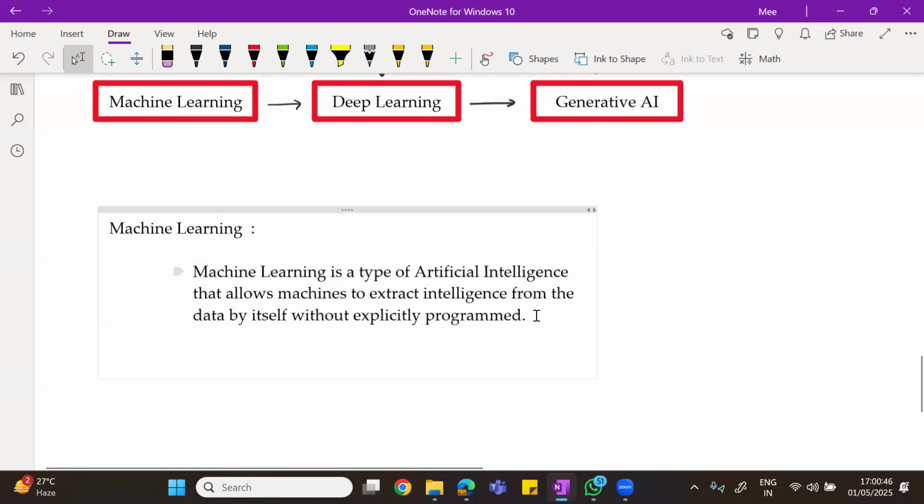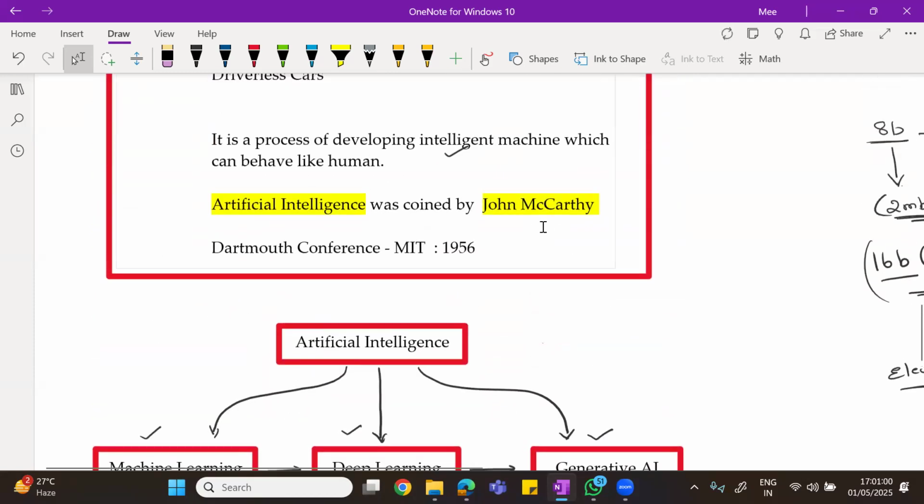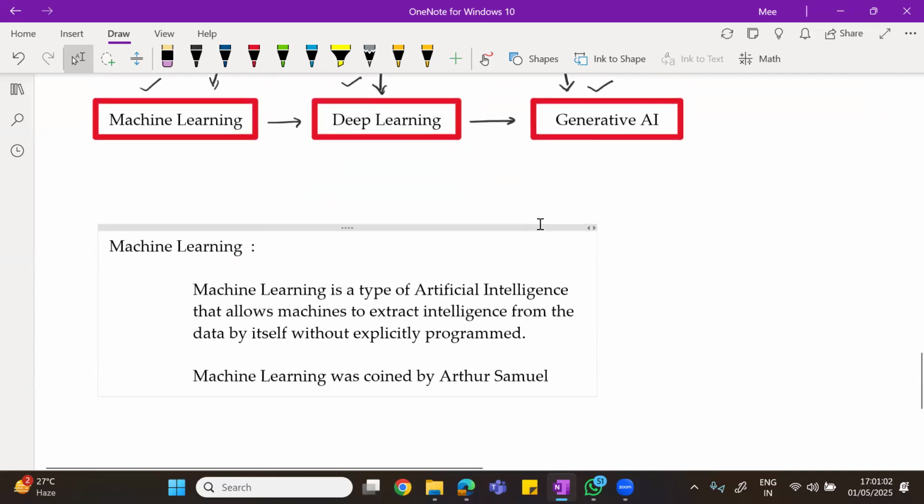Machine learning was coined by a gentleman called Arthur Samuel. He is called the father of ML, and the other gentleman is called the father of AI.